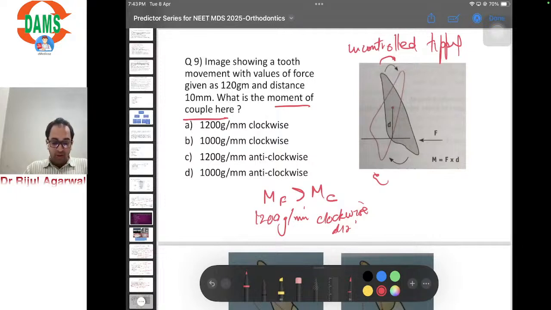So अगर हम options में देखें, so the only option which is less is 1000. So of course that narrows our option to 2, that is B and D. And as I've told you that counter movement should be in opposite direction to that of MF. So the correct answer would be 1000 gram per mm in the anti-clockwise direction for uncontrolled tipping.